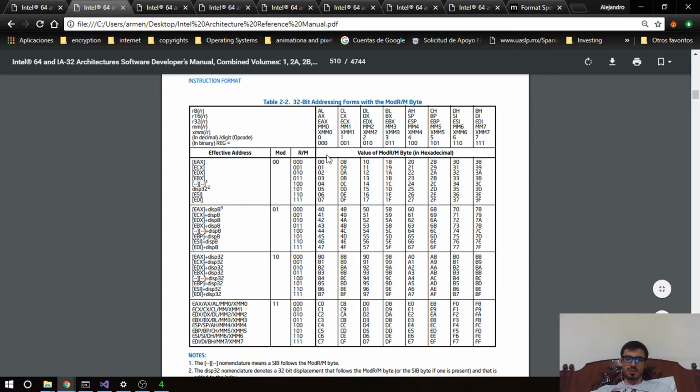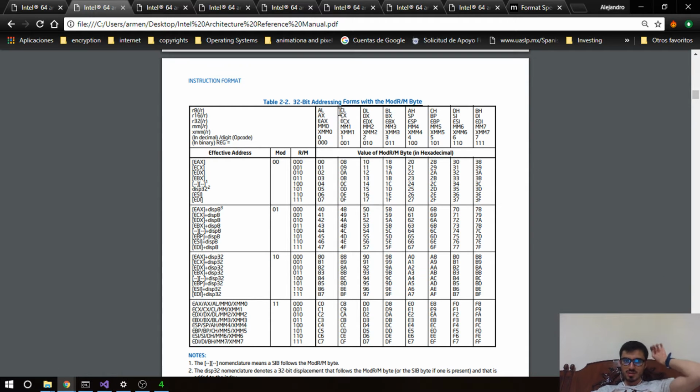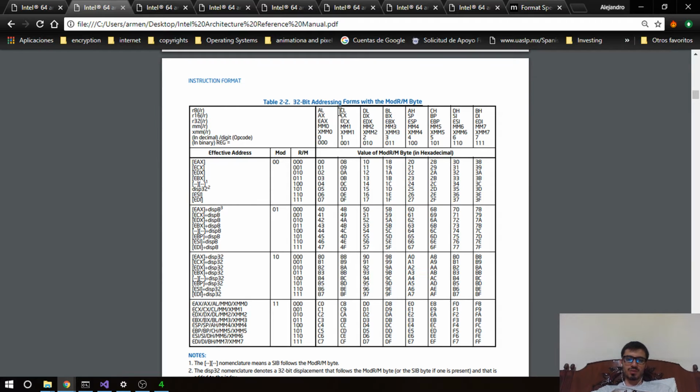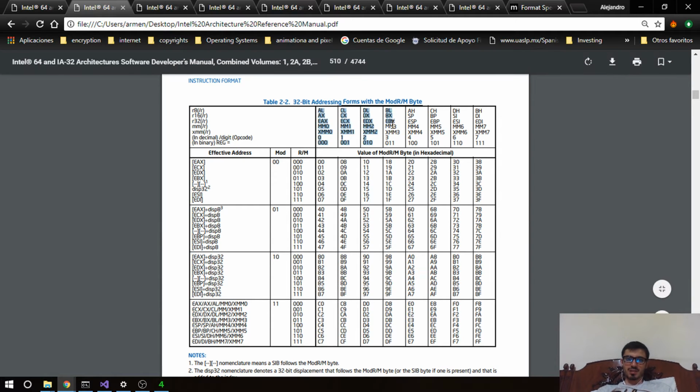Everything is controlled by the ModR/M, so what this tells us with the reg field is that it's specifying a specific register which we can use, and it depends on the other bits before that. The meaning of these fields right here is demanded by the opcode.